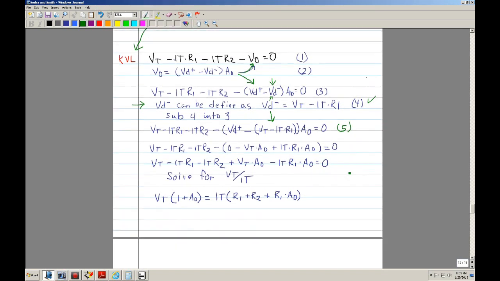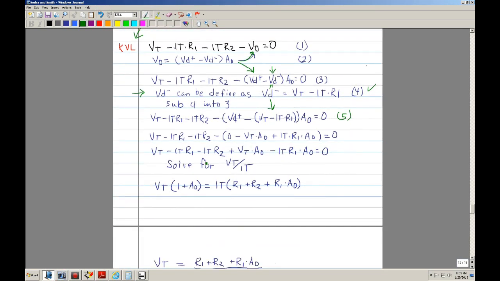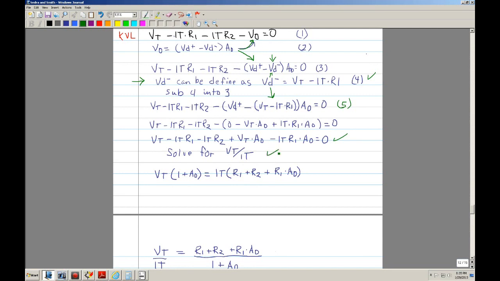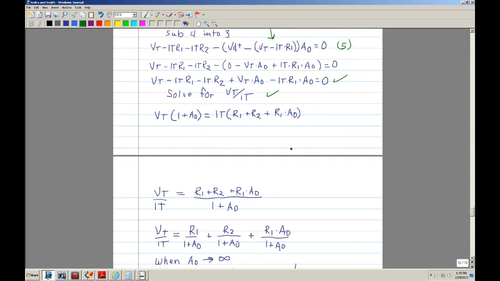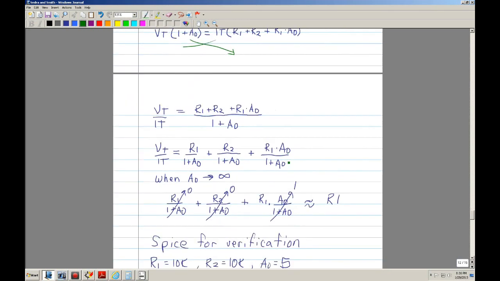Then we distribute, and once we have that, we solve for VT over IT. So we're down to this equation. We separate them, bring this over and bring this over, and we have this there.